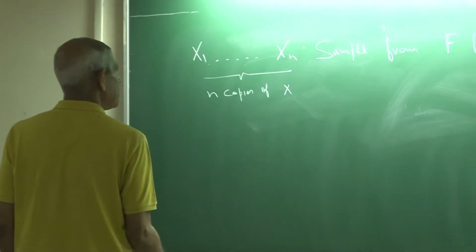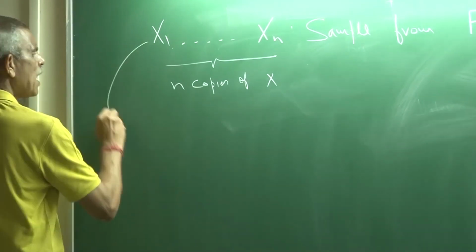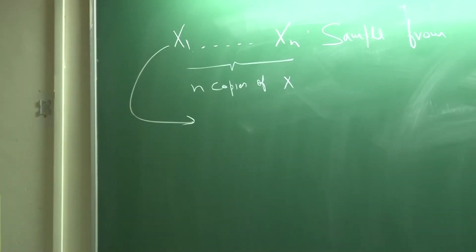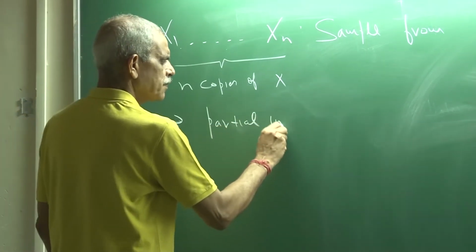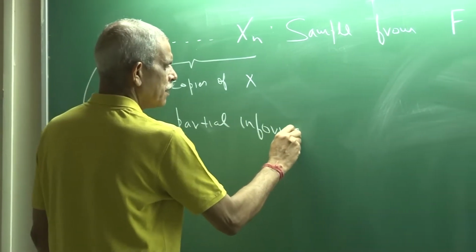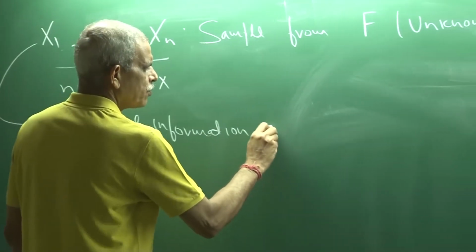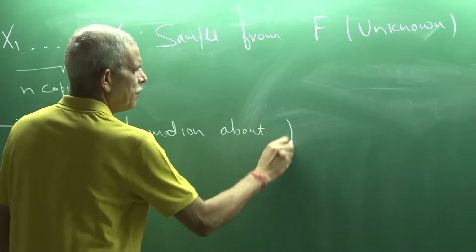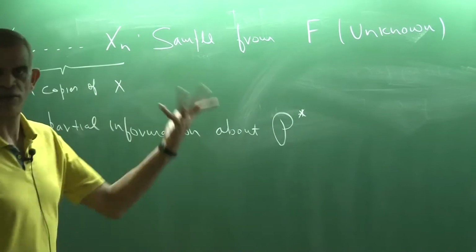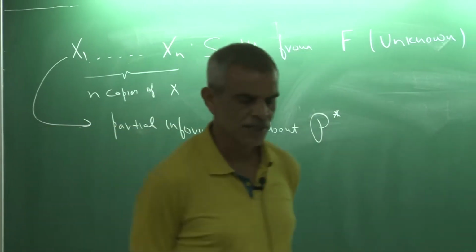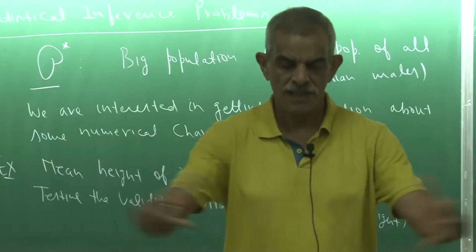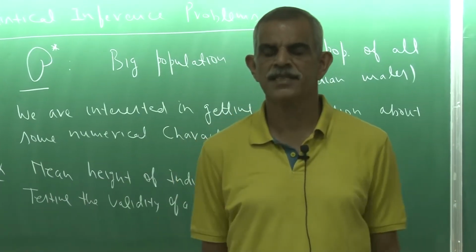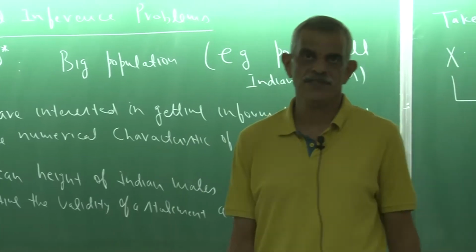Now, the goal is: this sample only contains partial information about P star, about the population, because you have taken or measured the height of only selected individuals. You have not measured the height of each and every individual in the population.